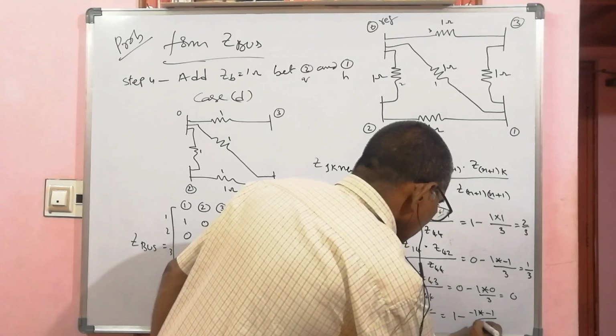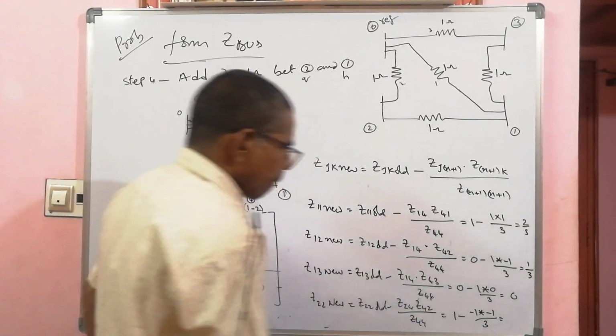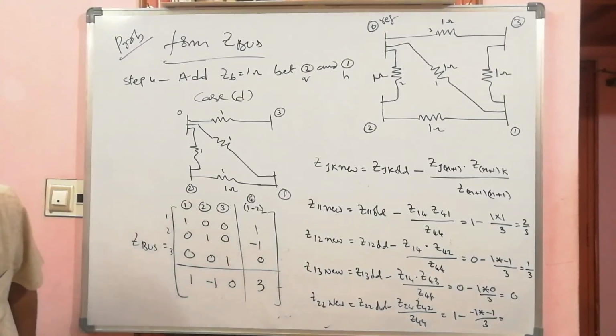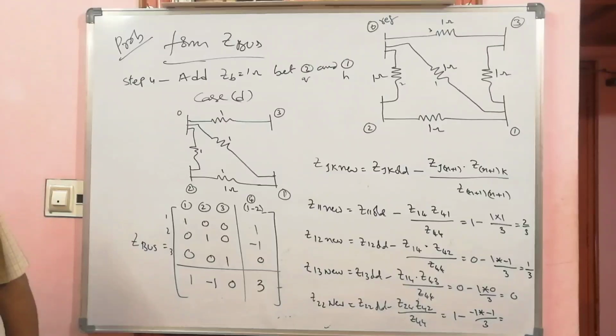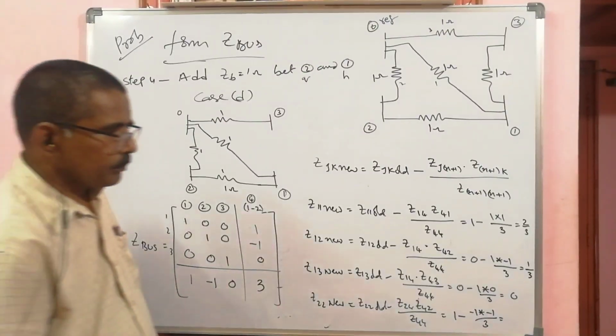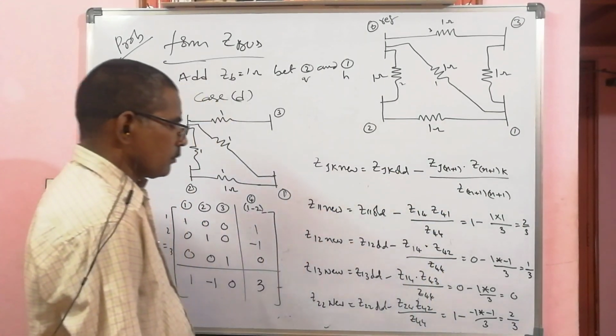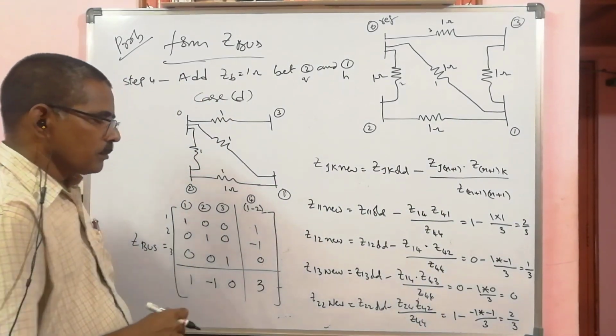Into minus 1 divided by 3. 1 minus 1 by 3, 2 by 3. So that is Z22 over.